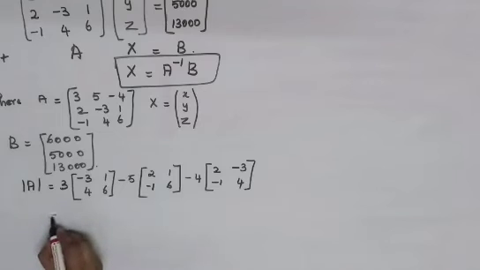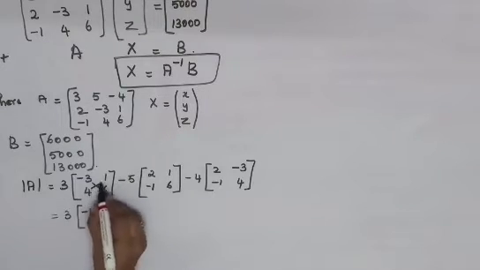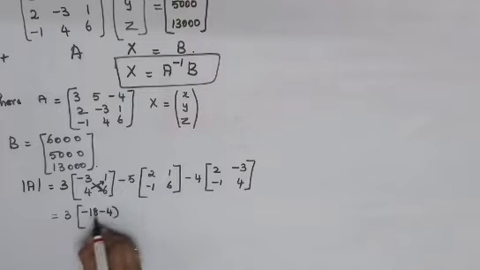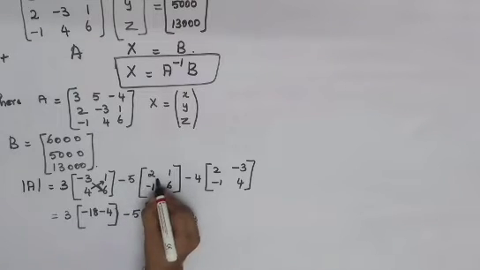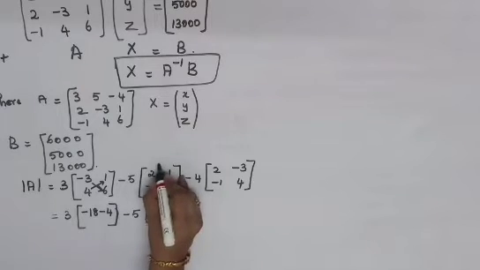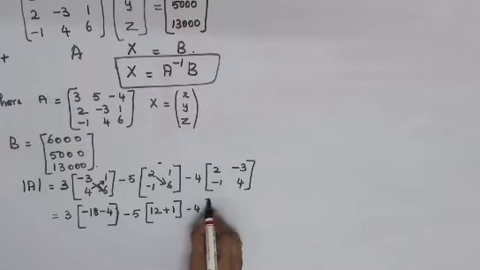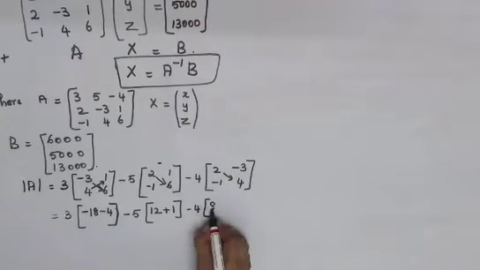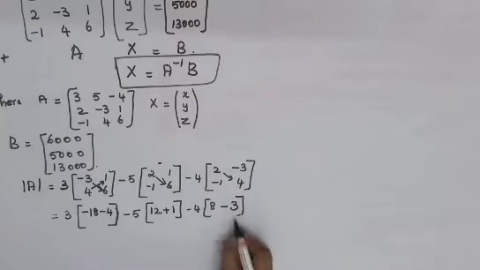So solving, 3 into, this and this you multiply, so minus 18, again minus 4. And minus 5 into, open your bracket, 6 twos are 12, minus into minus will become plus, because the inbuilt minus is there, 1 ones are 1. Minus 4 into, 2 fours are 8, this will become plus itself, so plus, minus of 3.